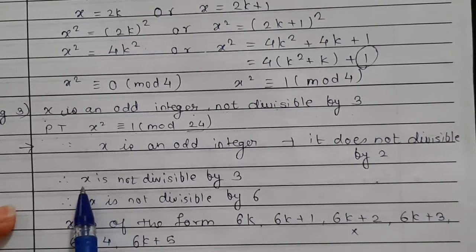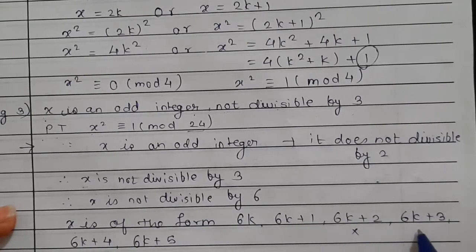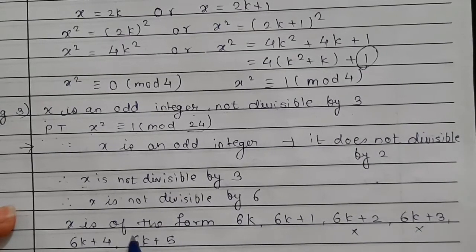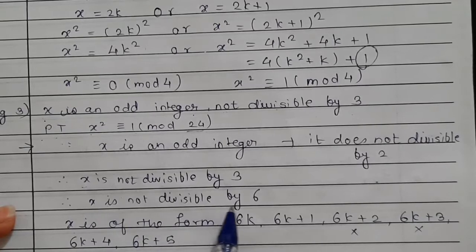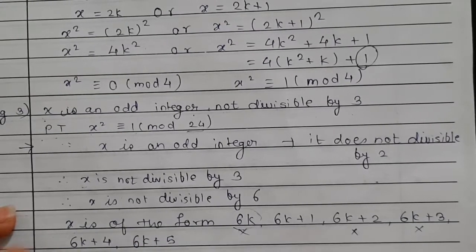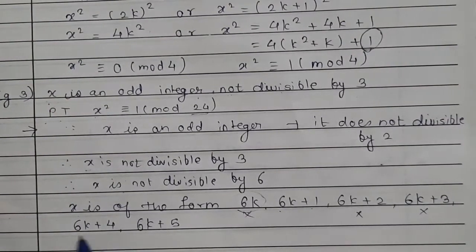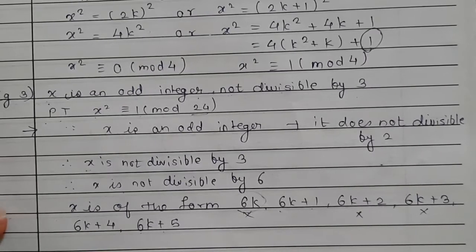Here we also have it is not divisible by 3. So x is not in the form of 6k plus 3, and it is not divisible by 6, means this is also not there. Okay, so we have remain only 6k plus 1 and 6k plus 5.